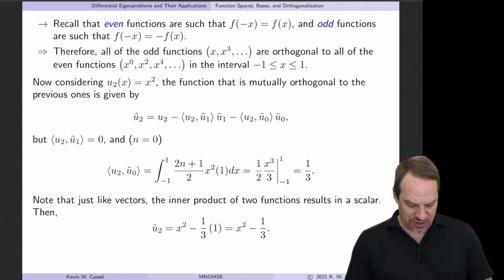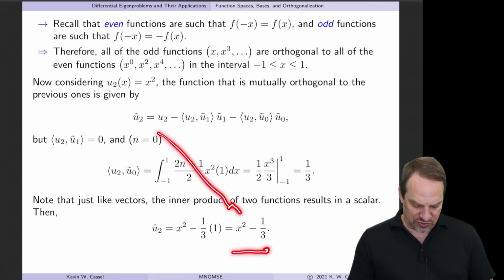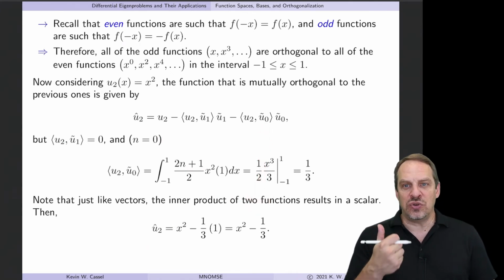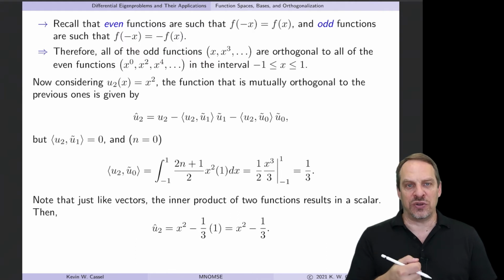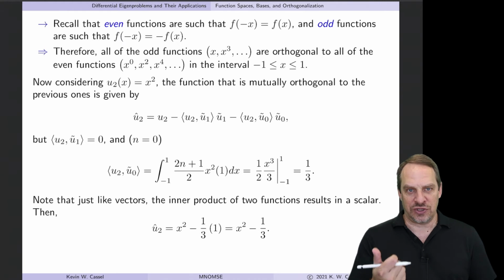So when I put that together, I have u2 hat: u2 is x squared, this term is gone, minus this inner product, which is 1/3, times u0 tilde, which is just 1. So x squared minus a third. And again, this comes from here, and this comes from here. So that's u2 hat, a function that's orthogonal to u1 tilde as well as u0 tilde.